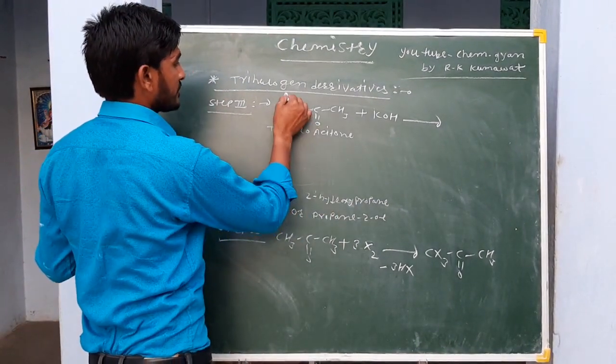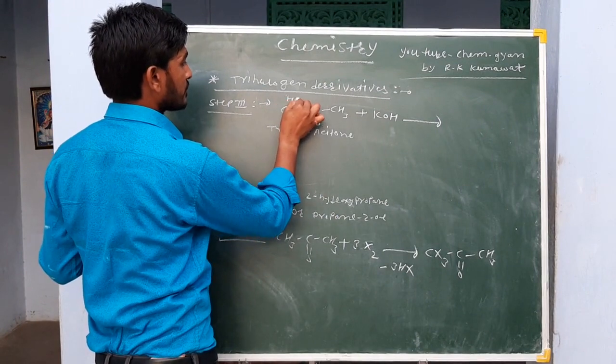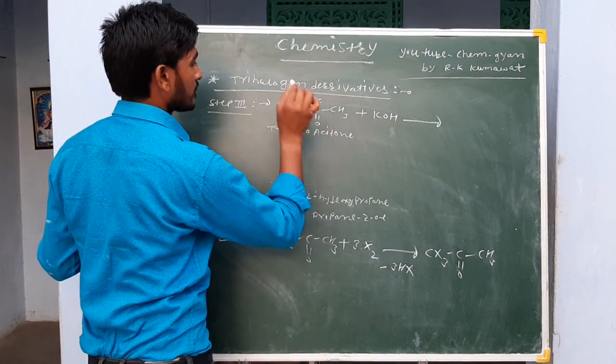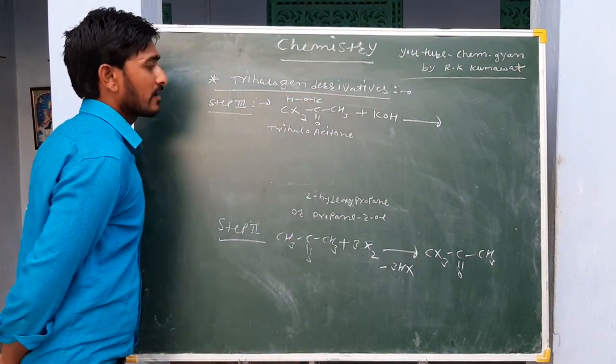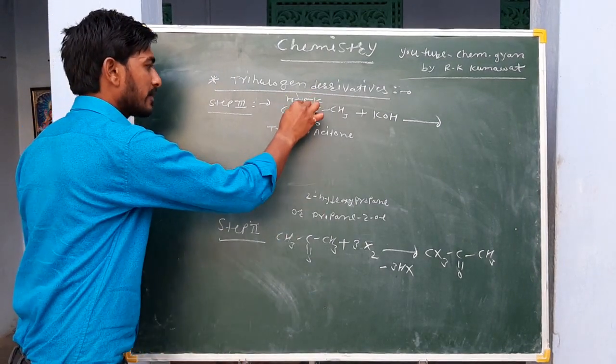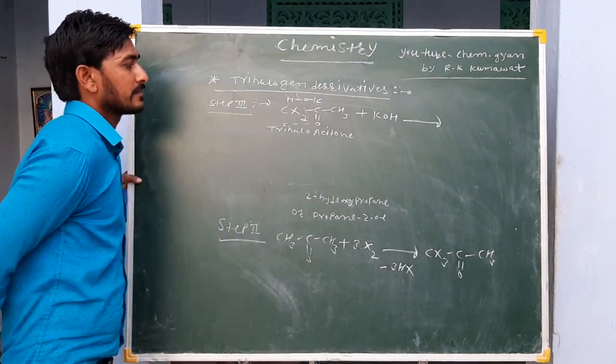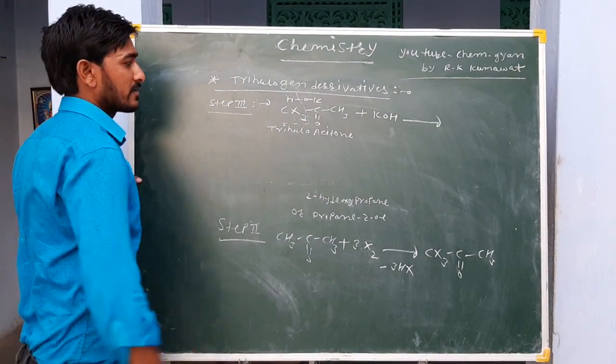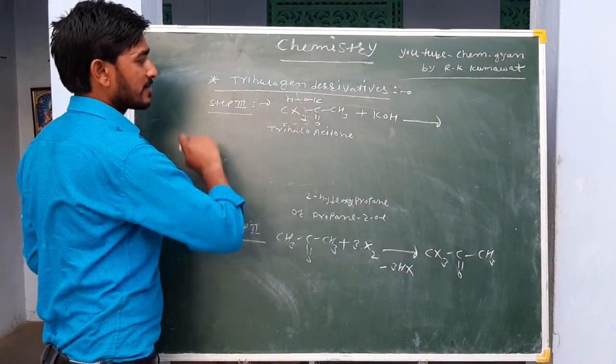We write here KOH in this way, and the bond dissociates, the CH3C bond and the OH bond.